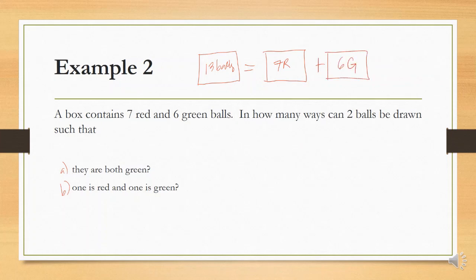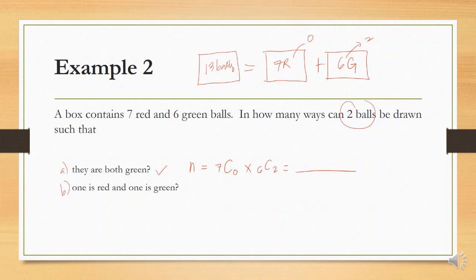Okay? So, kung they are both green, ibig sabihin, from our drawing, walang red. So, dalawa lang ang green na kinukuha natin. 2 balls lang naman ang kinukuha. So, ang N natin dito ay simply 7 combination 0 times 6 combination 2.